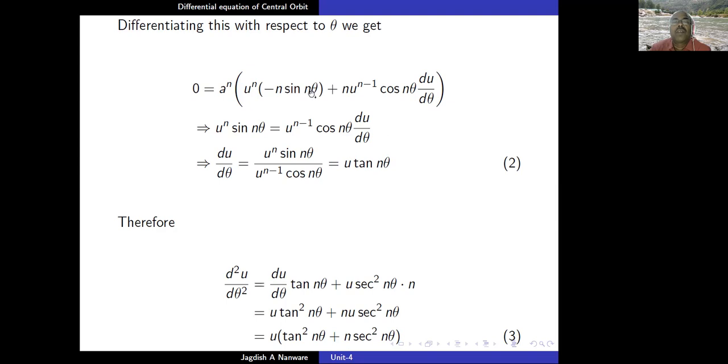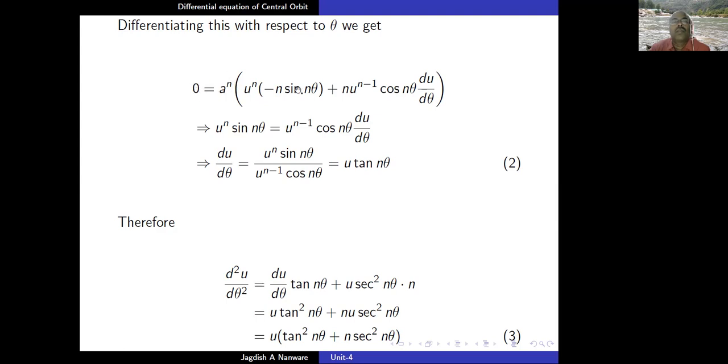Again take the derivative of this angle, which is n, plus take the derivative of the first function here. It is n into u to the power n minus 1, second function as it is cos n theta, and again you find the derivative of u with respect to theta. So that is du by d theta, right? And then simplify further. This term is equal to, this is minus, so this is equal to this one. a to the power n is a multiple, so that is 0.